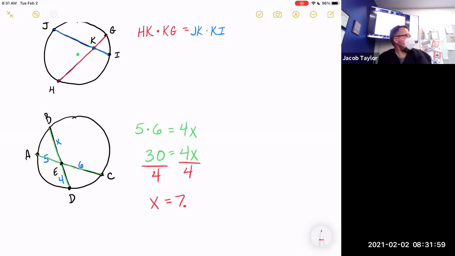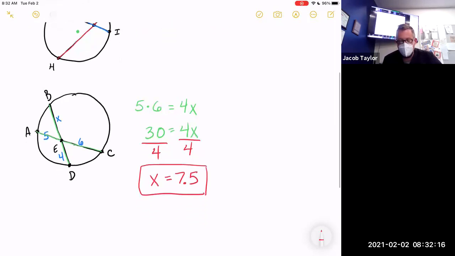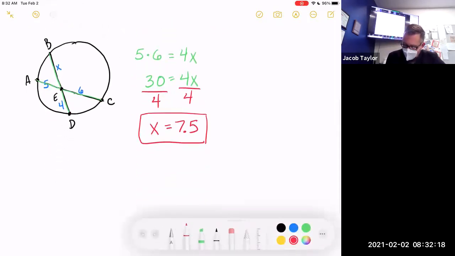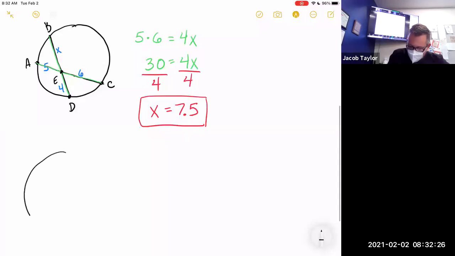Why are you thinking that? I don't know. Where's your calculator? Wait, you have a calculator in your hand and you're still guessing? 7.5. Okay, I had a calculator, but I was trying to do it in my head. As the kids say, you're trying to flex a little too hard. I got a calculator, but I'm just going to use this to gesture while I do mental math. No, she was doing it because of math team. Oh, practicing for math team. We're trying to get better at fast math, and we just started yesterday.